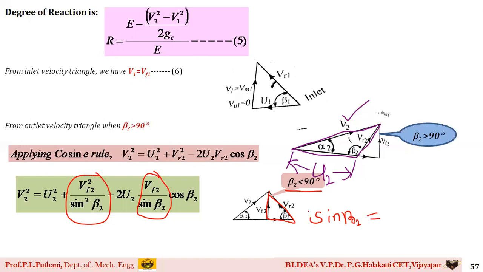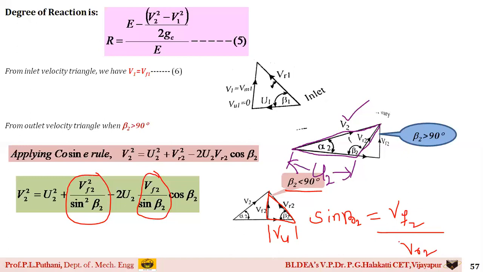Sine beta 2 is equal to the opposite side, Vf2, by the relative velocity Vr2. So I can write it as Vf2 by Vr2. We get the opposite side by the hypotenuse.